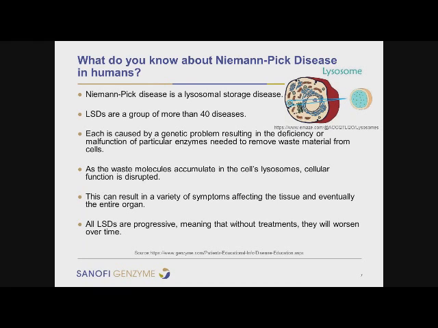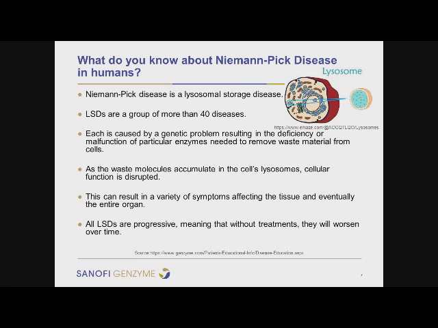Niemann-Pick disease is what's known as a lysosomal storage disease. Lysosomal storage diseases are a group of more than 40 diseases. Each of these is caused by some sort of genetic problem resulting from the deficiency or malfunction of a particular enzyme, which is needed to remove waste material from cells.